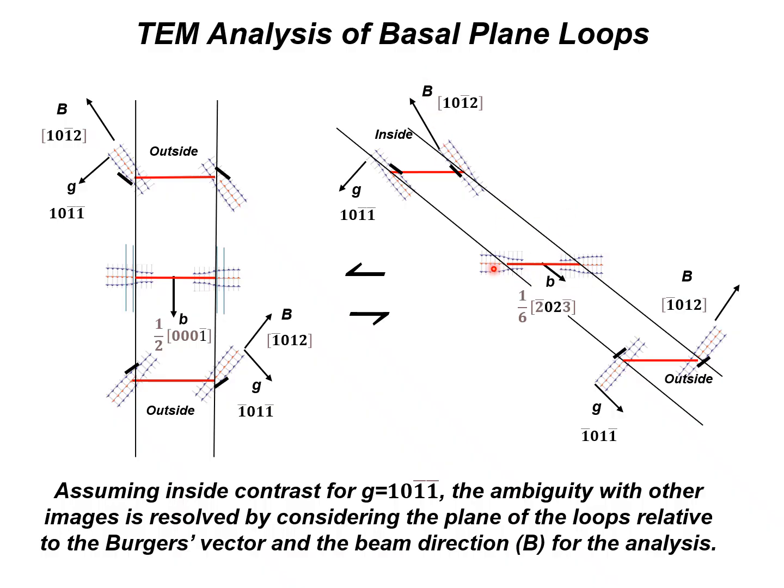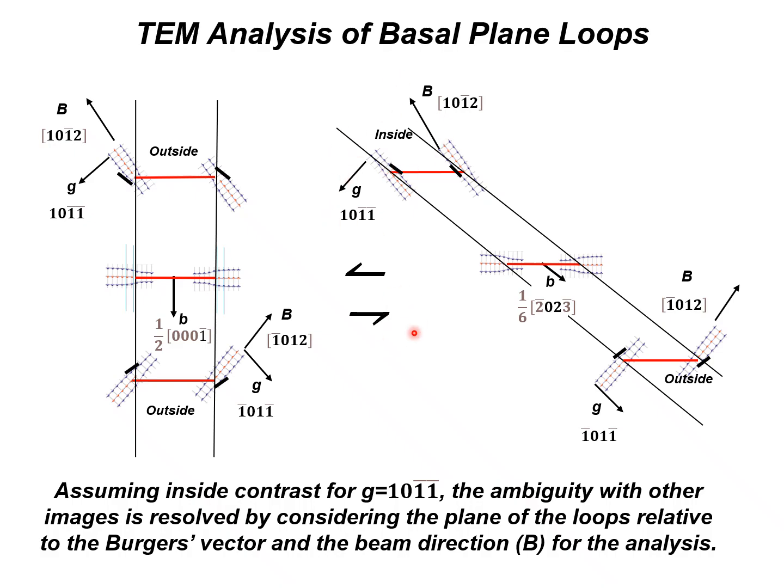Because these loops are faulted, they always stay on the same plane. So what I'm showing here is different beam directions and essentially the same type of diffracting vector. In this case, with this beam direction, I have outside contrast. And in this case, with this beam direction and this diffracting vector, I have inside contrast.